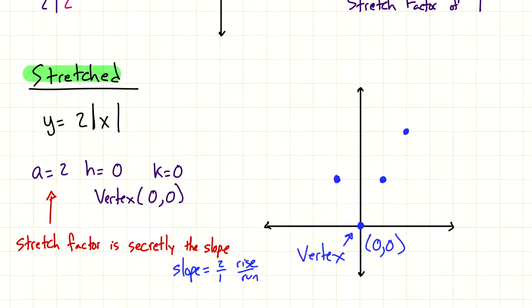And then up 2 and over 1 again to the left. You should notice these points are equal distance from each other. There's one measurement of 1, measurement of 2. If we keep going, this will really go on forever.